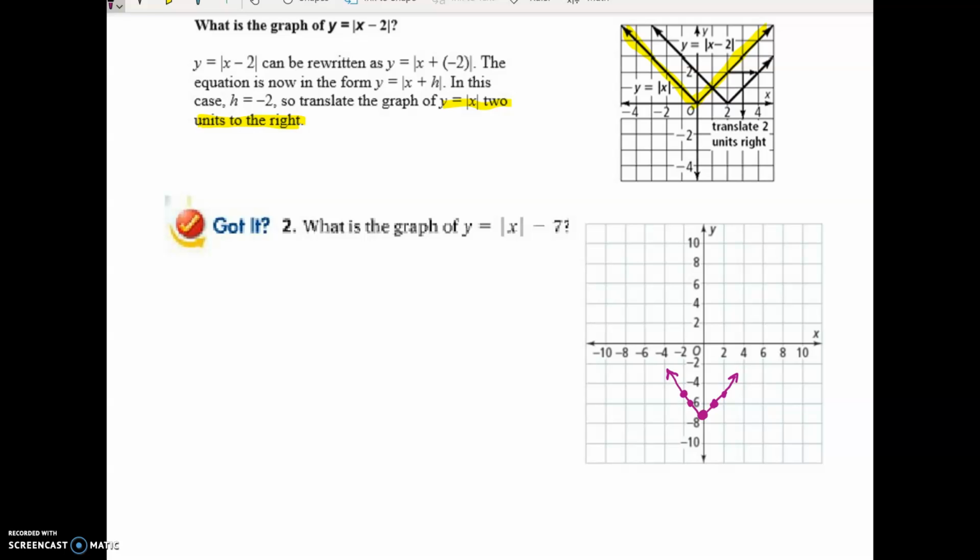So just do the best you can with your slope, making it very similar to what that parent function would look like, but obviously we're just sketching it out. We do know that this means we would translate the V shape down 7 units. So we know that that would make a V-shaped graph, and just sketch it out as best you can.